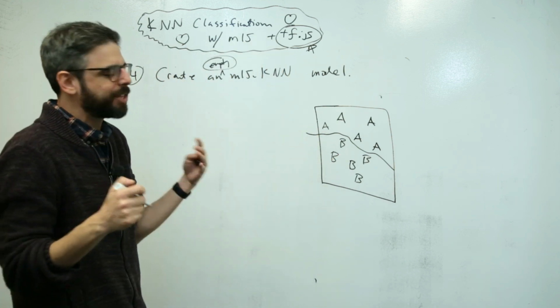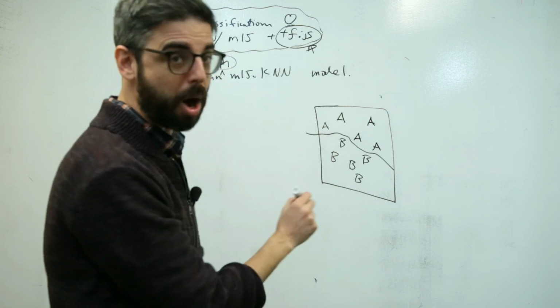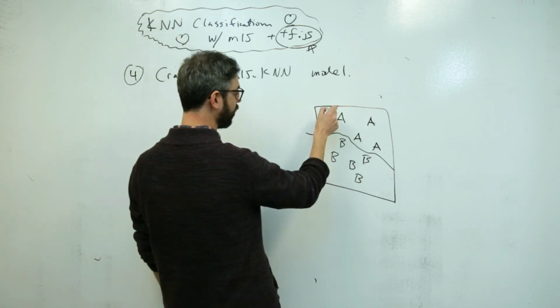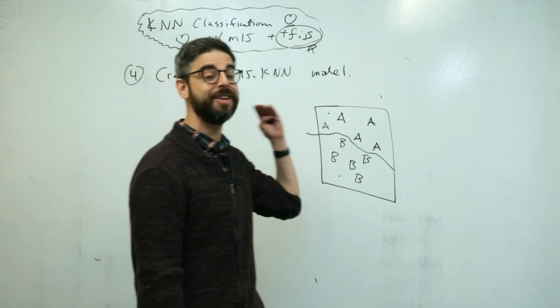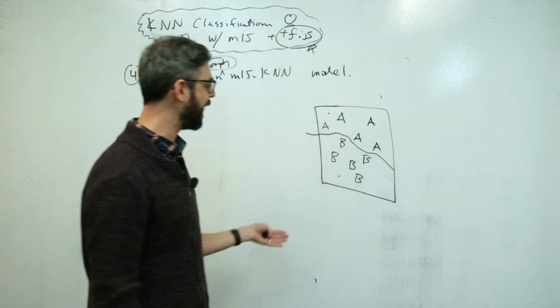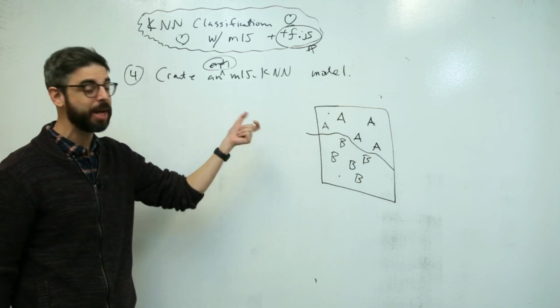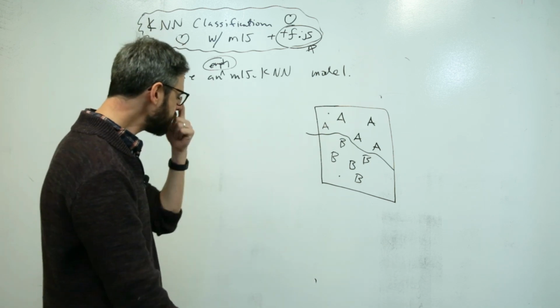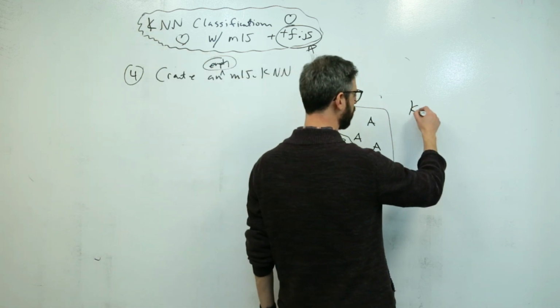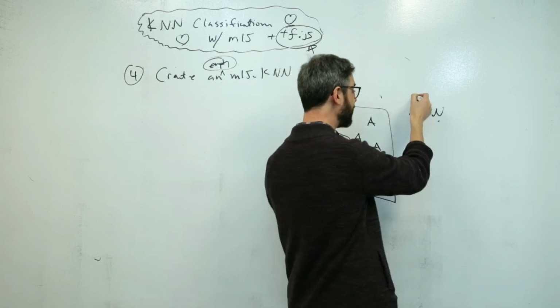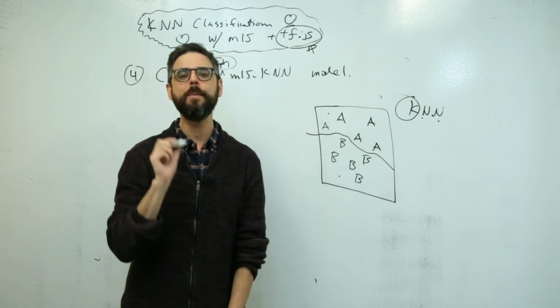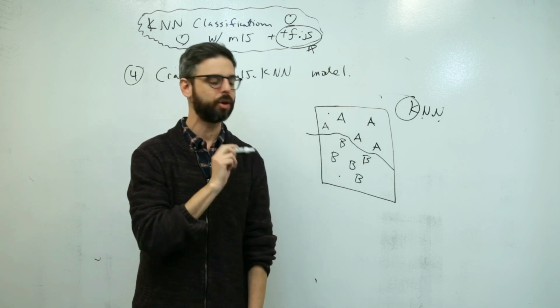And then I could say, if I threw a dart at the wall, the dart's either going to be over here or over here. It's going to be either of class A or of class B. I want to classify it. Now the way that k nearest neighbor works, the N stands for nearest, the N stands for neighbor, the K stands for how many nearest neighbors I am looking for.